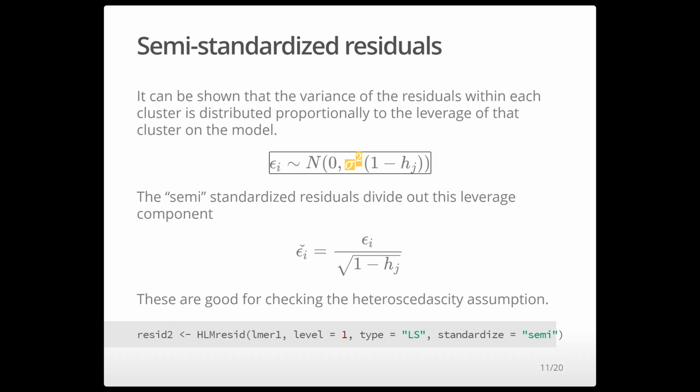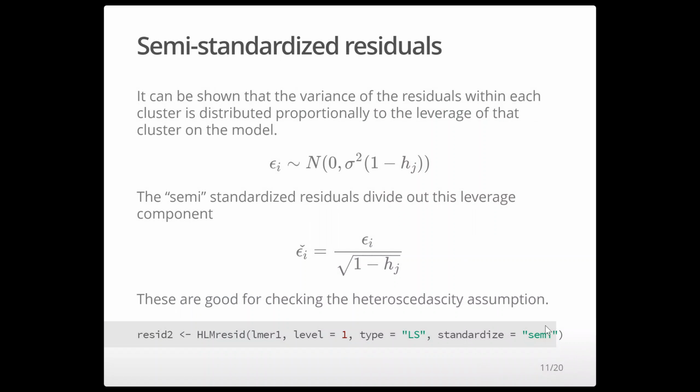So the variance of the residual is proportionate to that. And so if we divide that out, that gives us this semi-standardized residual. It's not fully standardized because we're not also dividing by the variance. We're just dividing by this leverage component. And this is good for checking the equal variance between cluster assumption. And so we can plot this as well.